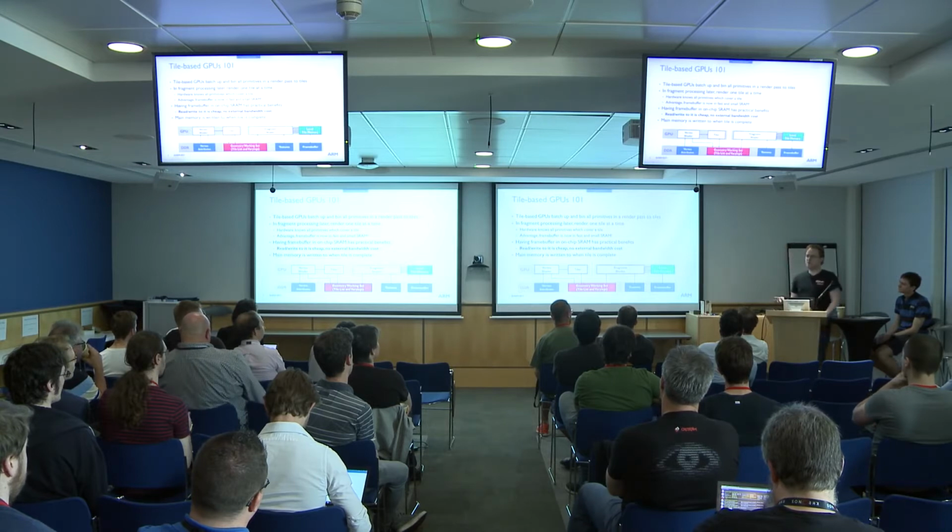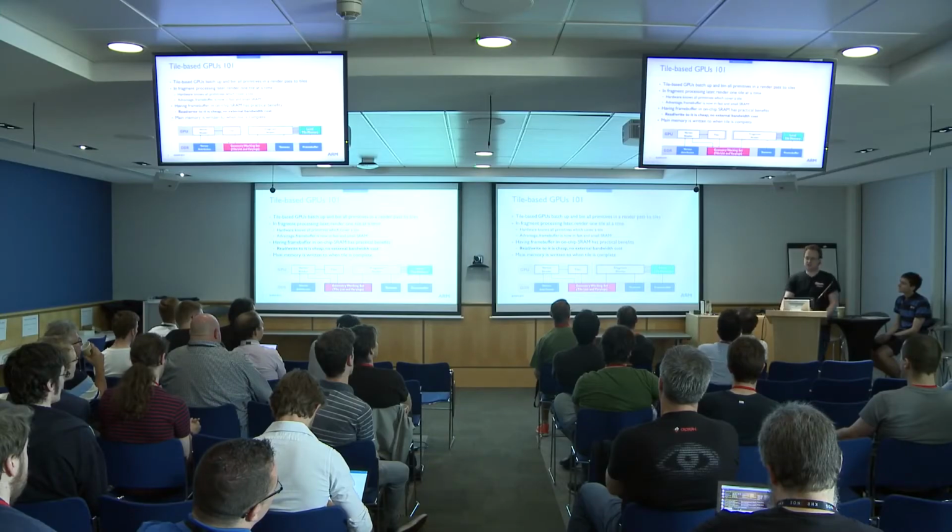Now, while this is more expensive than on a traditional immediate mode architecture like on desktop, the fragment shading becomes very interesting because now we can look at a tiny part of the frame buffer and only render that because we know all the primitives which affect that particular tile. And now everything, blending and rendering and depth buffering, everything happens in local SRAM on the chip, and that's the big key here.